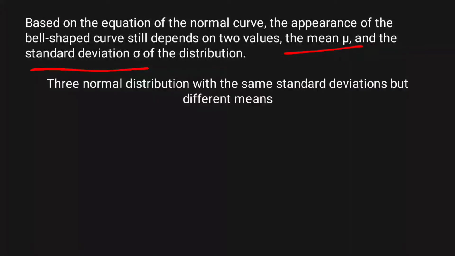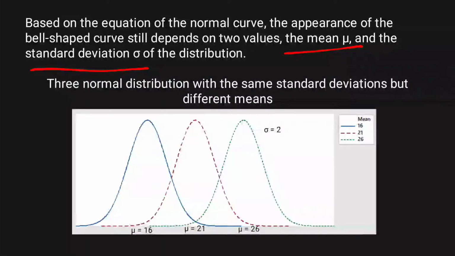So example, three normal distributions with the same standard deviations but different means. Okay, yan. So i-graph natin sa isang axis lang. Okay, so we have three normal distributions with mean 16, 21, and 26. So mu, ito yung una, 16.